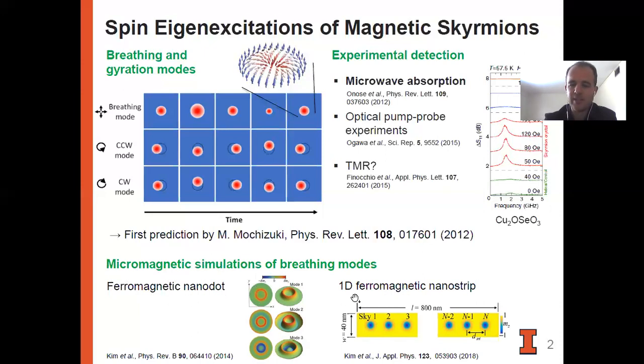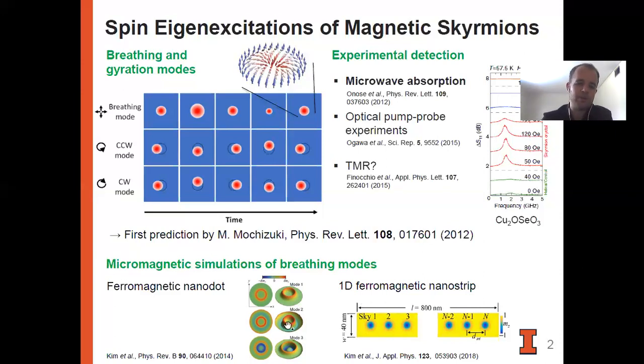What is also very interesting is a one-dimensional Skyrmion lattice in a nanostrip, where you excite the breathing mode of the first Skyrmion here, and because of the dipolar interaction, the breathing mode will basically propagate through this nanostrip, and in this way you can transmit information in a potential device without even moving these Skyrmions around your device, but just by exploiting these eigenexcitations.